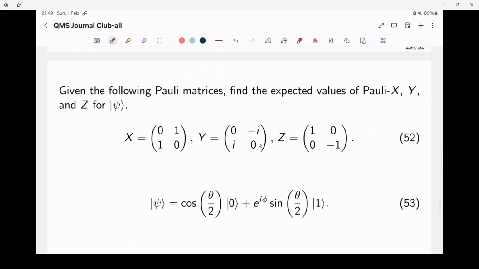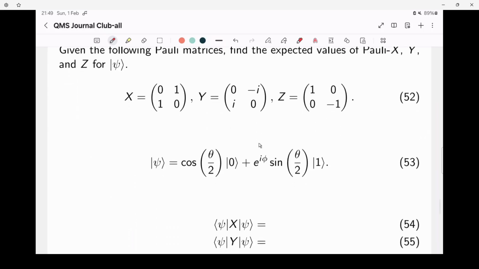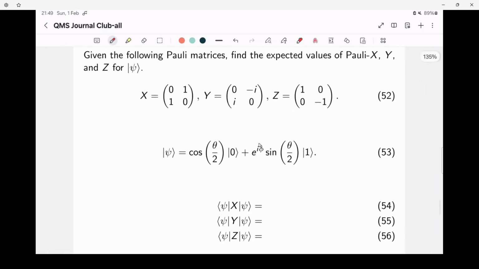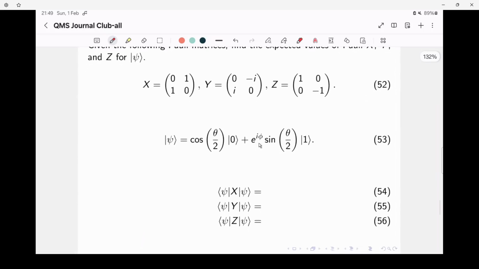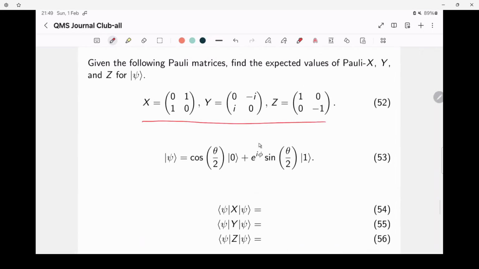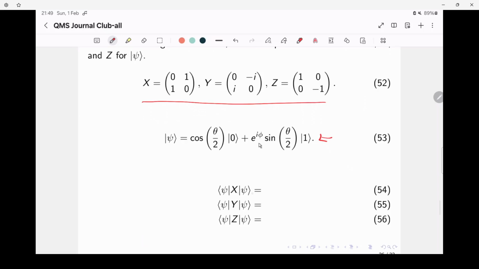But before that, do the calculations. If you have a Pauli matrix, Pauli matrix is given by this. Find the expected values of Pauli x, y, z with equation 53. Specifically, I need you to find out what are equations 54, 55, and 56.